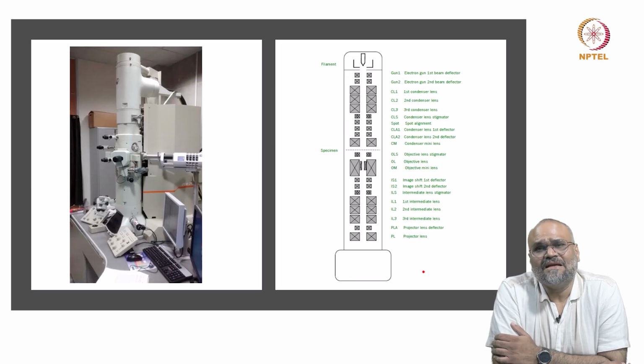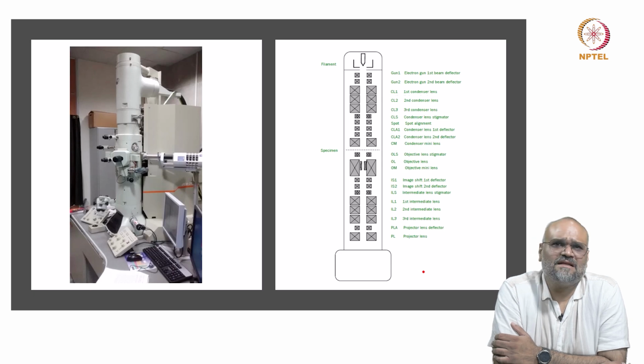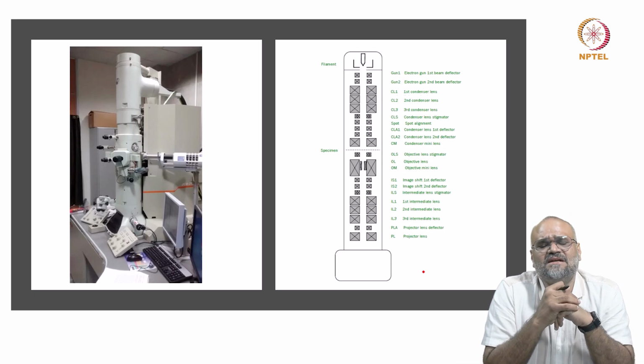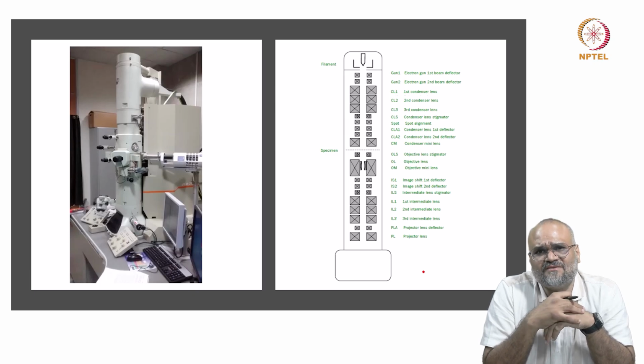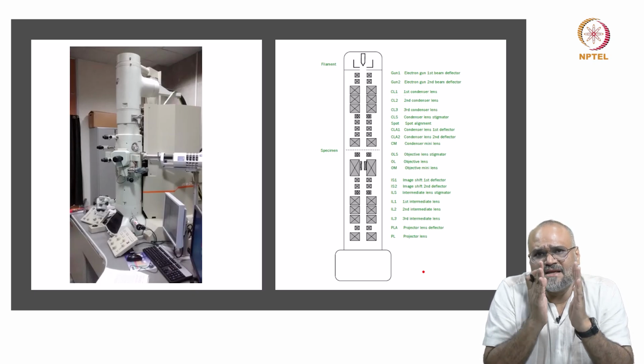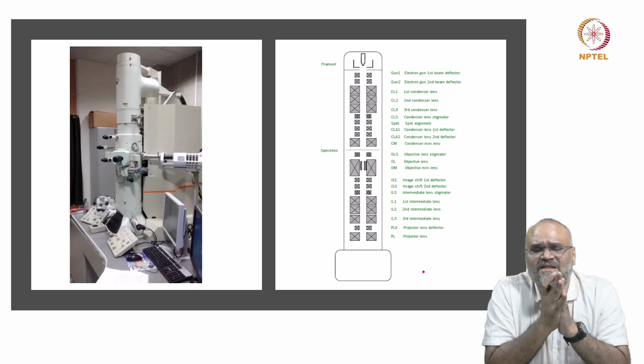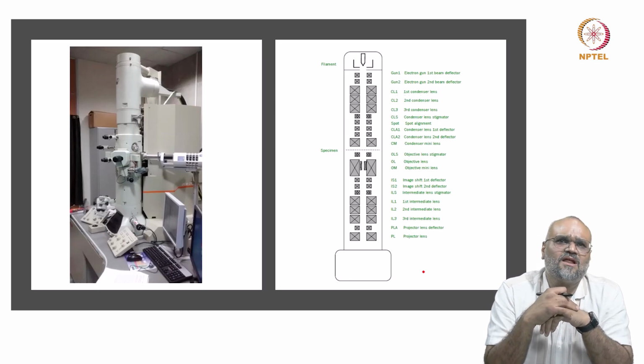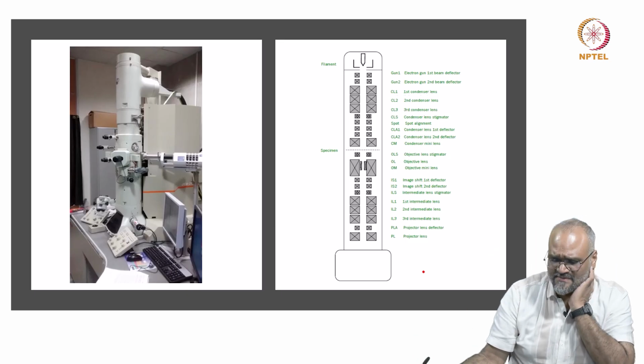So in a transmission electron microscope, it is known and established in the past few lectures that the specimen is brought more or less into the same plane as the objective lens, very close to the position of the lens and within the focal length, more or less at the focal plane of the objective lens.